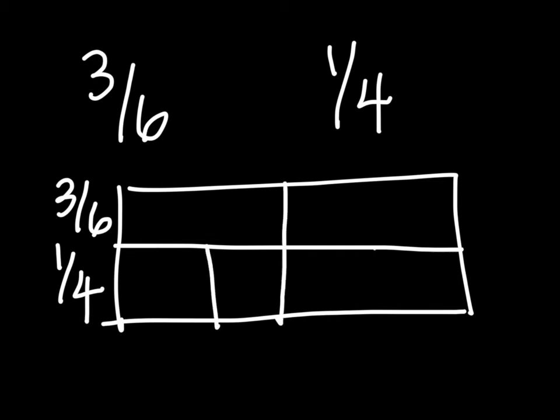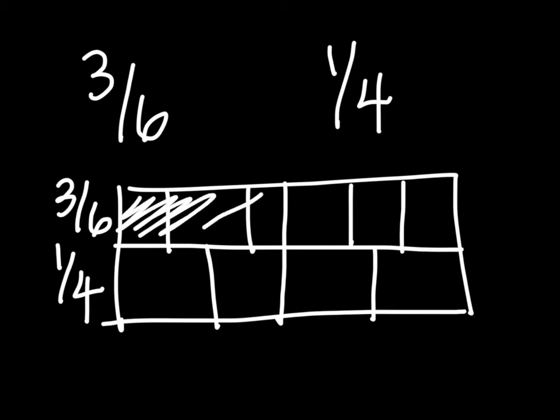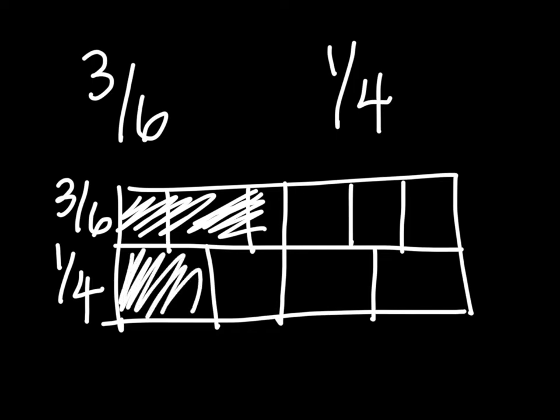So we split our pieces up and then we'd shade. So here I had 3/6 and here I have 1/4. And so this picture is showing that 3/6 is greater than 1/4, and so I would put a greater than symbol here. And then I would read that as 3/6 is greater than 1/4. That's the way that I've showed you before.